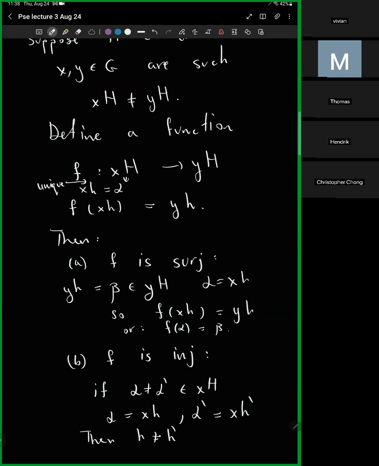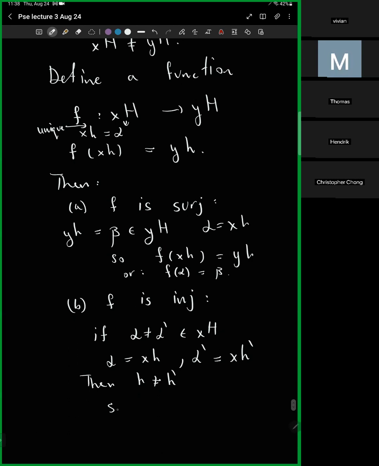Because if they were equal, I could multiply by x minus 1 and get that h would be equal to h prime. So yh must be different.